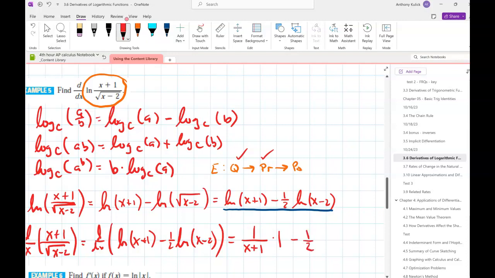And then for negative 1/2 natural log of x minus 2, I'll have the negative 1/2 times the derivative of the outside, which is 1 over the inside, times the derivative of the inside, which is again 1.